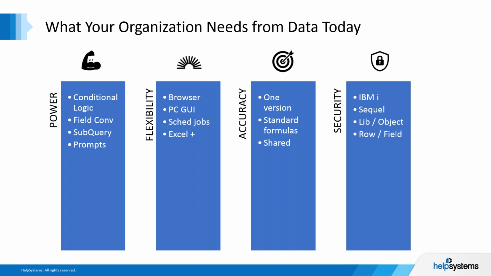With a centralized store of definitions, users are running the same reports over the same data. And then last but not least is security. Even if you rely on the IBM i for security setup, SQL will honor it. You can also use one of our other layers down to field level, down to row level for your authority.